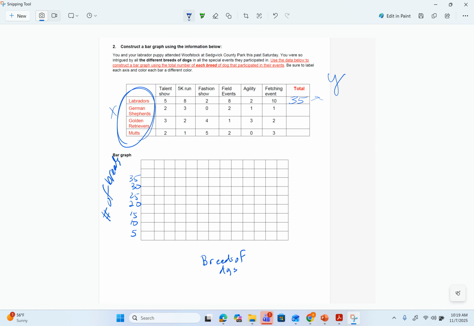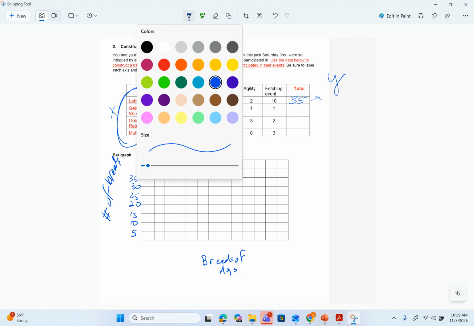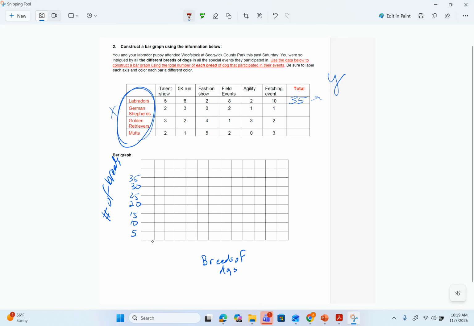So I'm going to start with, let's do red. My first bar is going to go all the way up to 35. Just do the best you can. I'm going to color it in like this, and I am going to label this Labs.